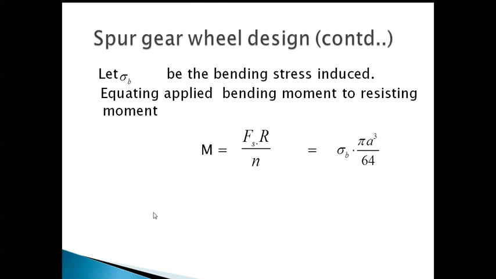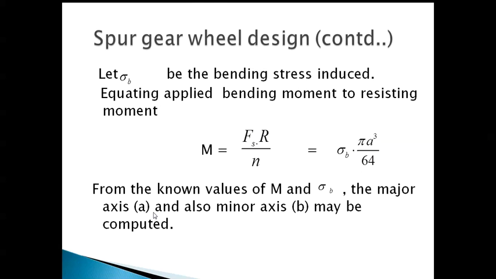That is the major axis value we can find. From that we can find the minor axis also. So from the known values of bending moment and sigma B, the major axis and minor axis may be computed.